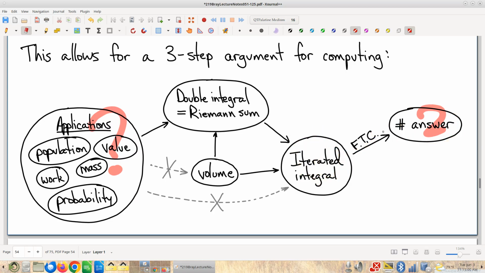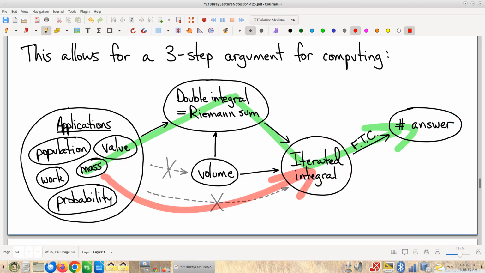And the reasoning goes like this. You want to make sure that you distinguish yourself from students who think they can do that. The only way you can distinguish yourself from this red argument is to actually write down the double integral.